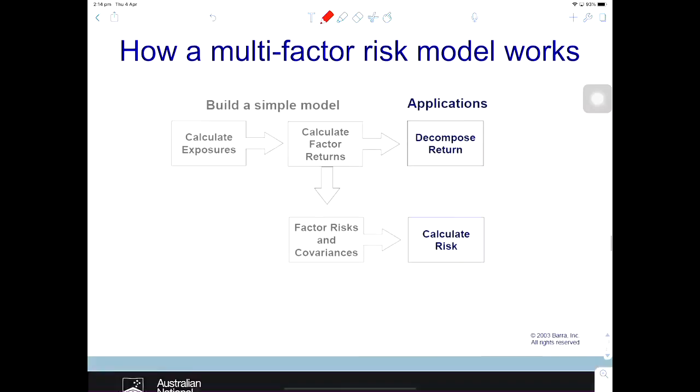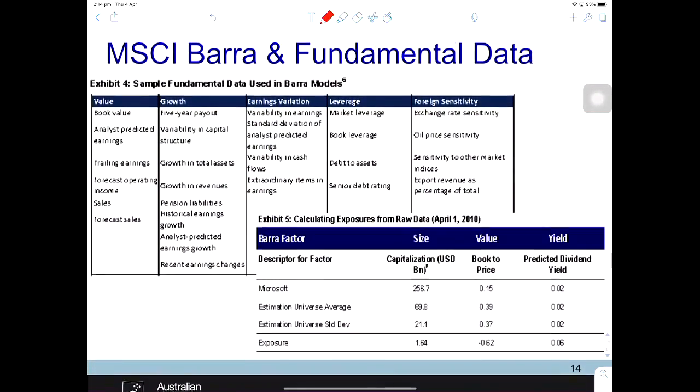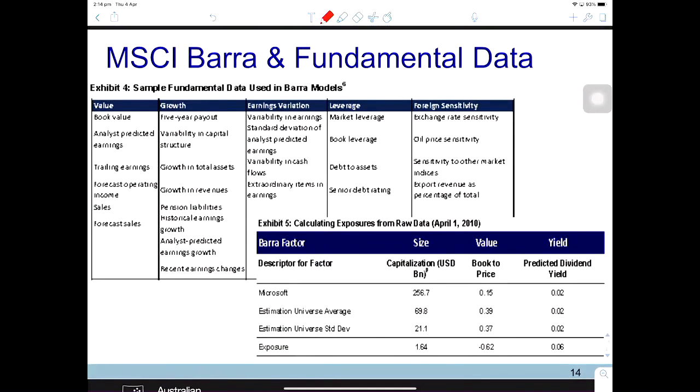And in Barra model, they have several categories of fundamental drivers of the return variation. So here we have a few examples, whether the stock is value or growth, or its leverage level and its foreign sensitivity.